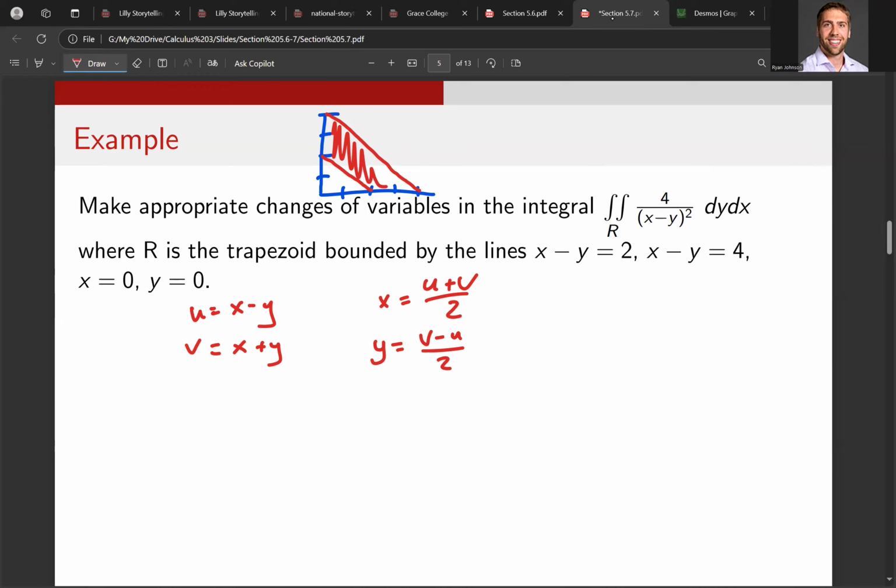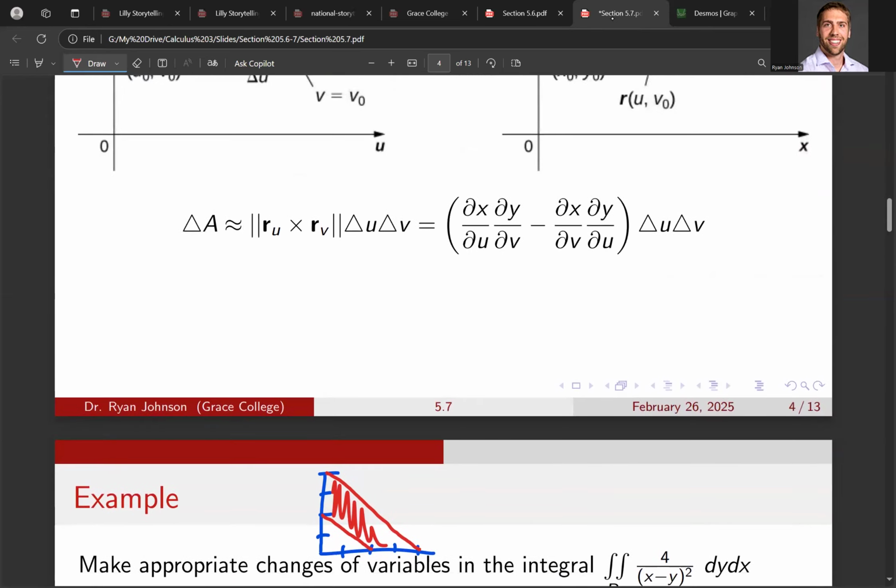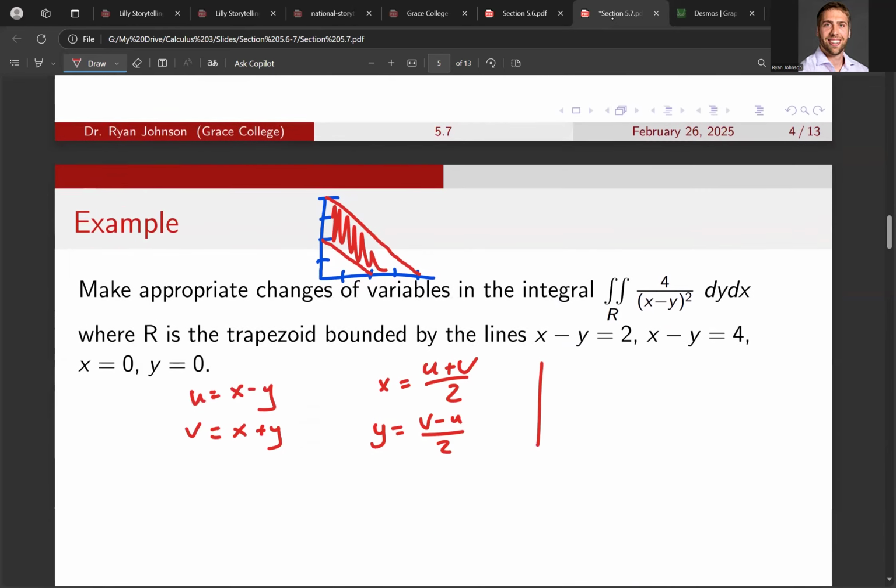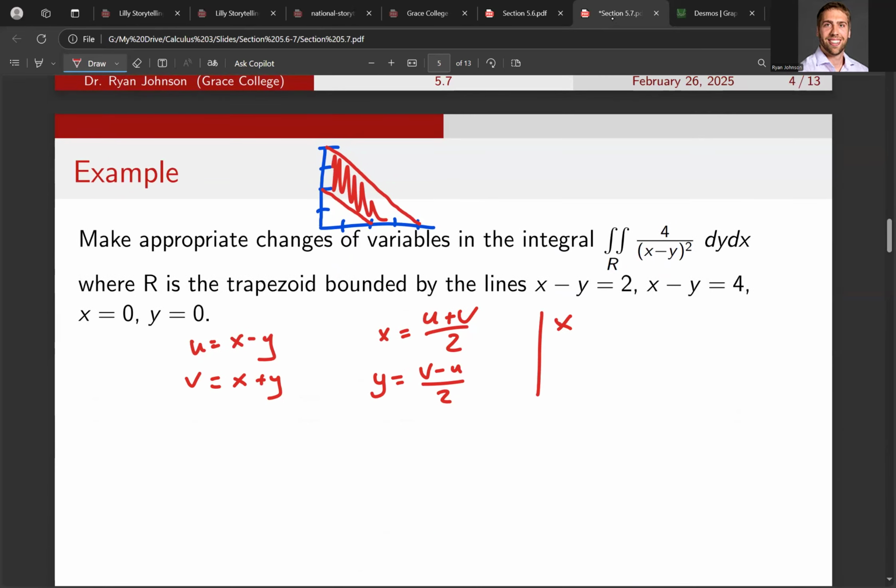And so then, I'm thinking about x, u, y, v. It doesn't really matter. So I need to compute 4 partial derivatives. Okay?